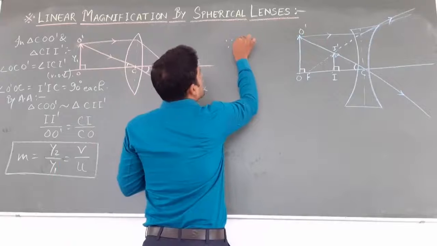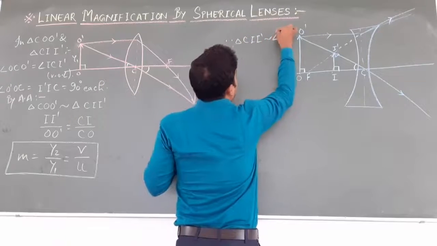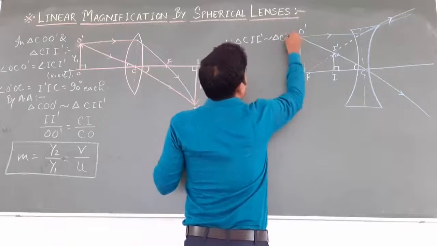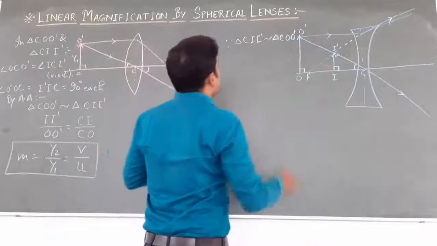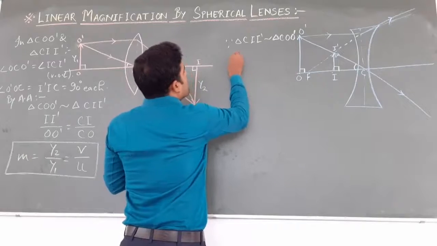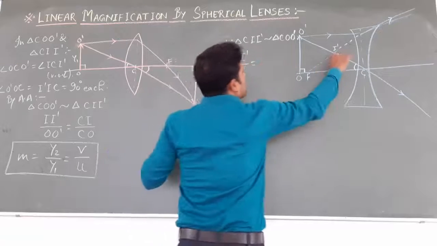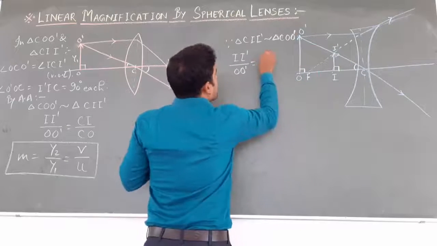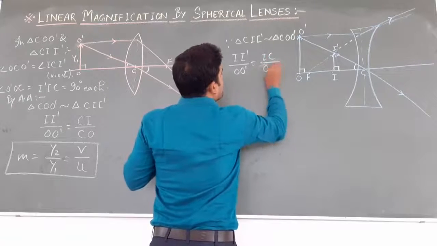Since triangle CII dash is similar to triangle COO dash, by the angle postulate I have explained, after proving similarity you can write the ratio of corresponding sides will be equal. It means II dash upon OO dash, this is corresponding to this, and IC is equal to OC.